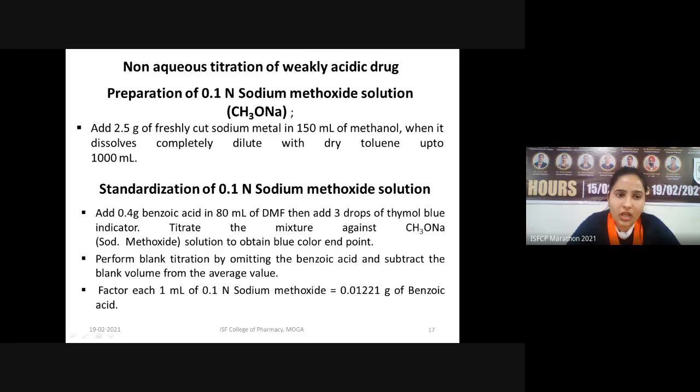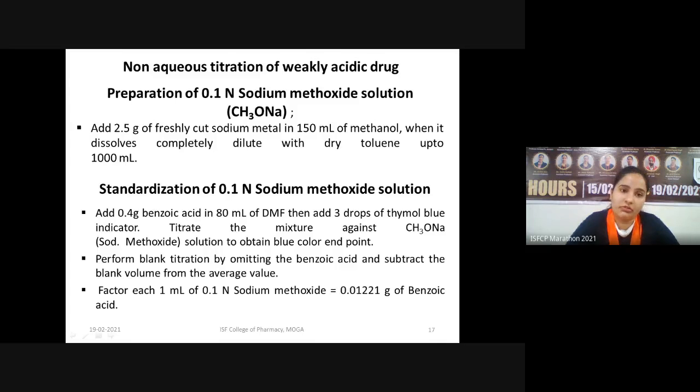We will add 2.5 grams of freshly cut sodium metal in 150 ml of methanol. The sodium metal which will be used should be freshly cut, because if it is not freshly cut, there are possibilities that the sodium metal might have reacted with oxygen and got oxidized, and there might be an oxide layer on the sodium metal surface.